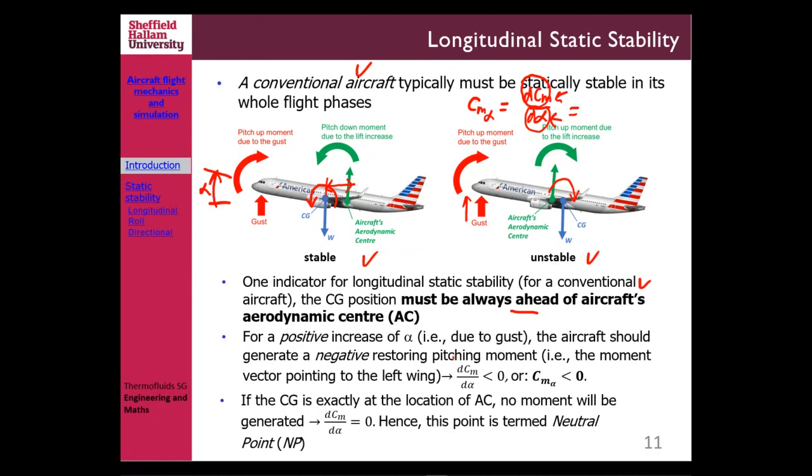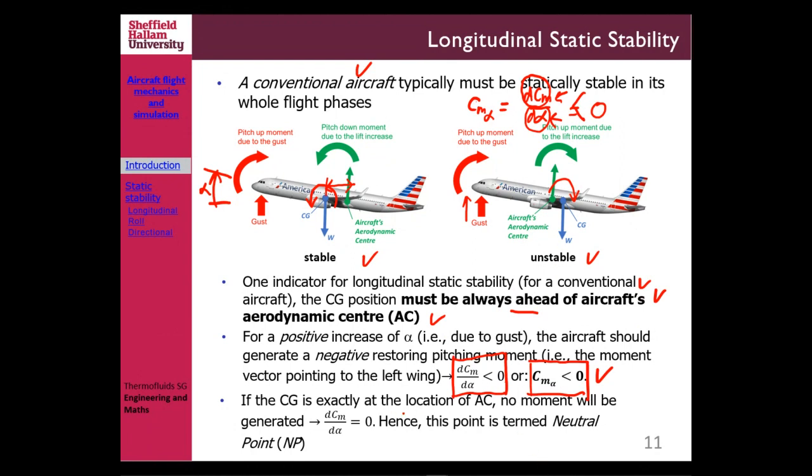That's why dCm d alpha should be negative, less than 0. So that is a way to say that for your aircraft to be statically stable longitudinally, the CG position must be closer to the nose compared to the aircraft aerodynamic center. But in mathematical expression, that means Cm alpha should be negative, right?